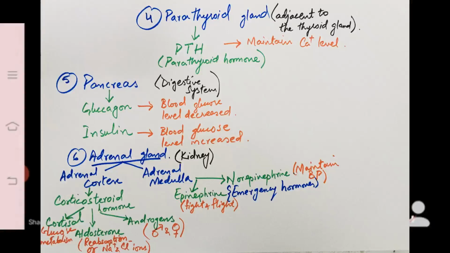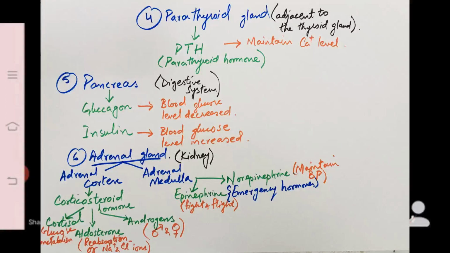The adrenal cortex secretes corticosteroid hormones, which are of three types. First one, cortisol.